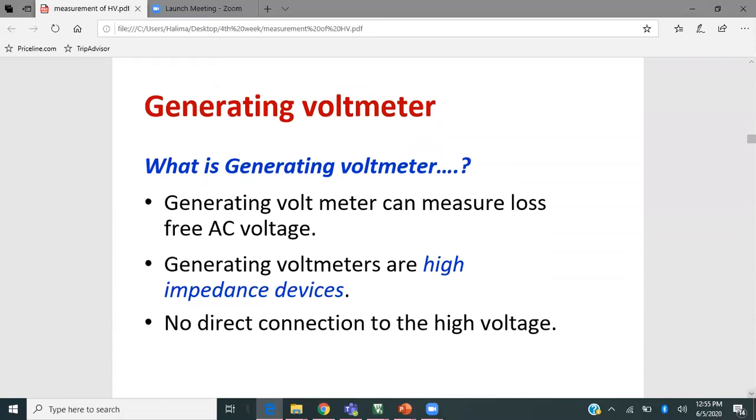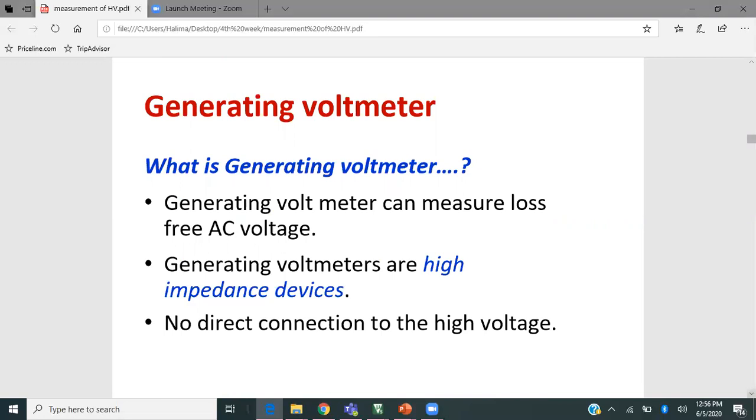First of all, the question is, what is a generating voltmeter? A generating voltmeter can be defined as a variable capacitor electrostatic voltage generator, which generates a current proportional to the external voltage.